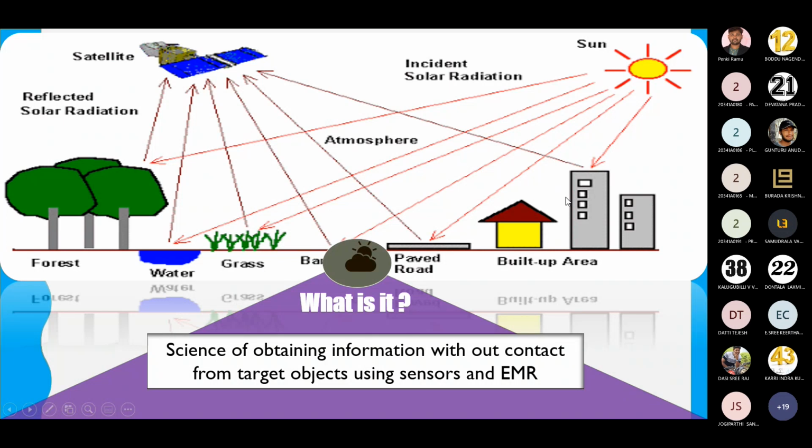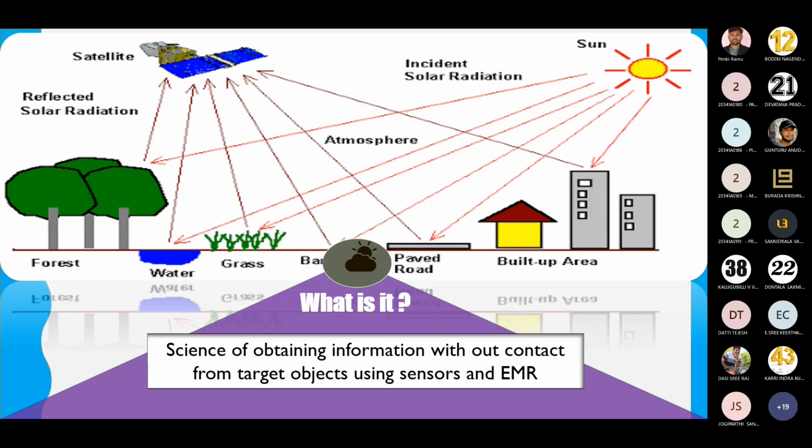On the Earth surface, it interacts with objects such as buildings or roads, water bodies, grass, trees, etc. And in the atmosphere, it will interact with particles of dust, vapor molecules or gaseous molecules, etc. So whatever energy propagates from the sun will interact with intermediate objects such as the atmosphere as well as Earth surface objects.